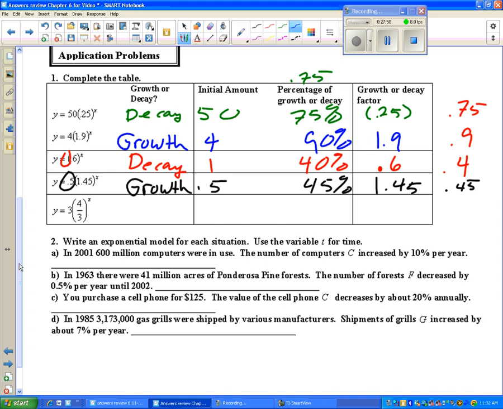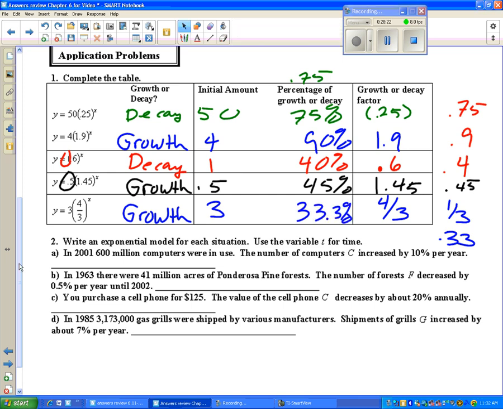And the last one, 4/3 is greater than 1, so this is growth. My initial value is the 3 in front. In the parentheses is 4/3. The difference from 1 is 0.3 repeating, or 1/3. So that's 0.3 repeating, so this is 33.3%, or 33%.